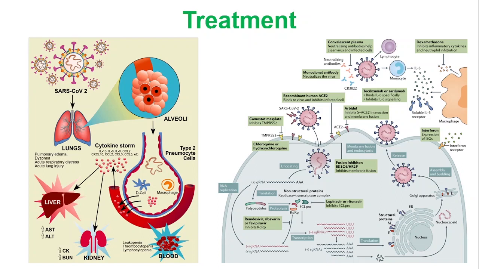So what are the treatment options for coronavirus? Well, there are a few treatment options. Remember, as I said earlier, coronavirus enters through the lungs and next the alveoli and then goes into the cell and then goes to the blood system.